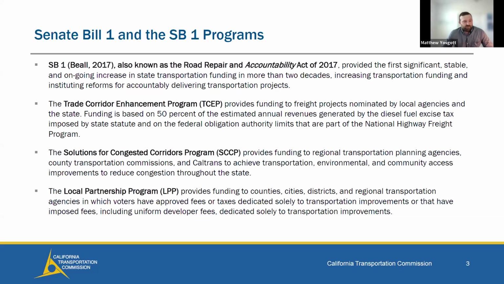So larger RTPAs, or I should say regional transportation planning agencies, metropolitan planning organizations, and Caltrans are eligible to apply to this program. And ultimately, this program is intended to achieve a balance of transportation improvements that considers environmental and community access improvements, which reduce congestion throughout the state.